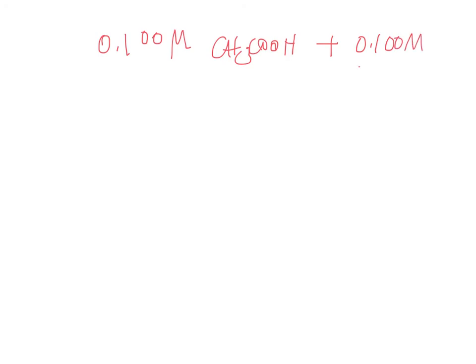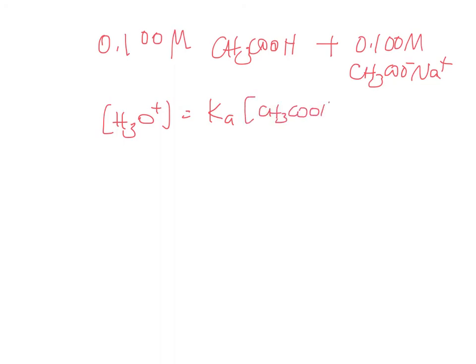What I mean by that is that if you have a solution that is 0.100 molar acetic acid, and you have mixed that with 0.100 molar sodium acetate, then since you know that hydronium is going to be equal to Ka times acetic acid over acetate, and so both of these concentrations are 0.1.